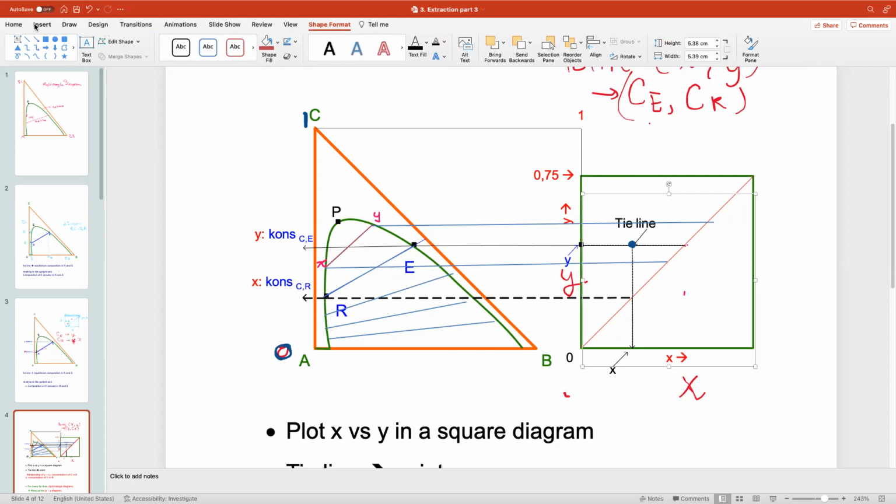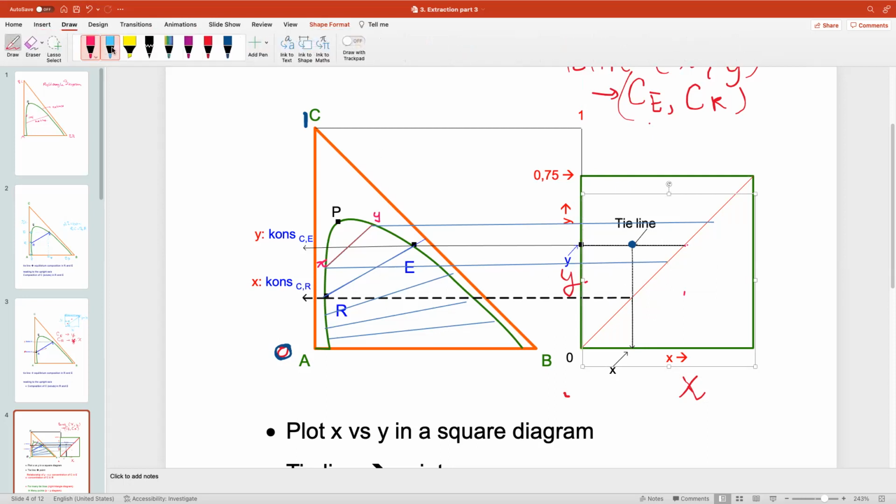So for the construction, this is the x and this is the y. So this is going to be your point, very roughly.